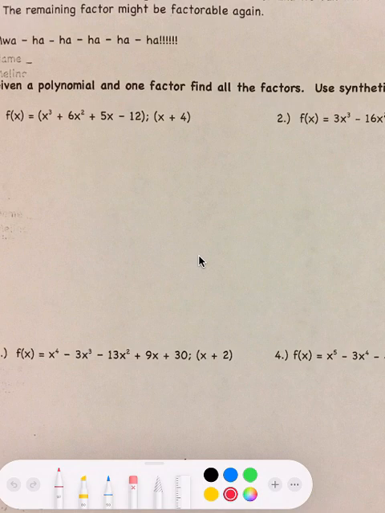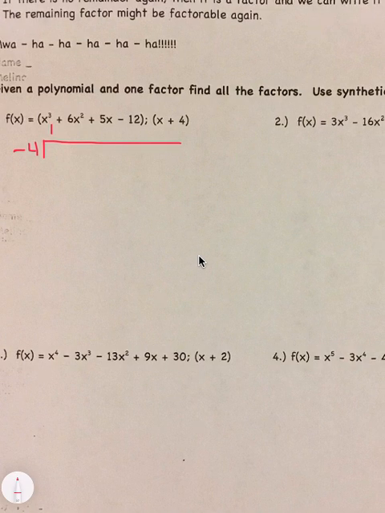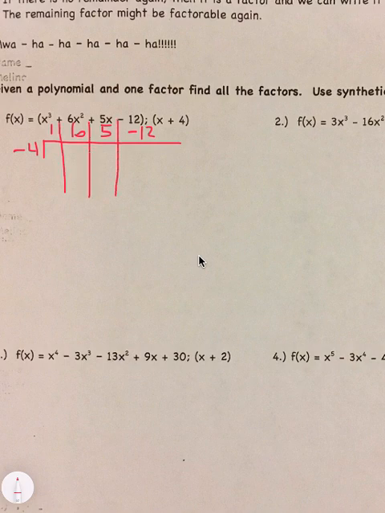So when we do synthetic division, I put negative 4 here, and then above I put 1, 6, 5, and negative 12, and I fill everything out.